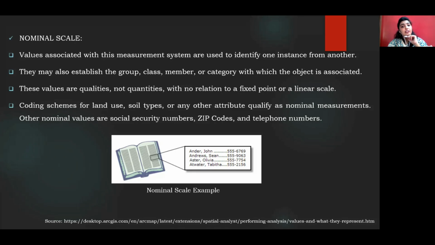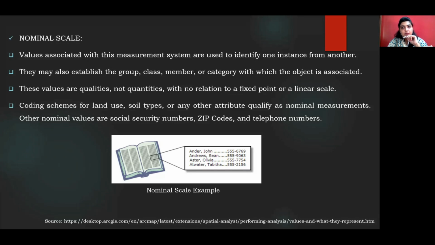Coding schemes for land use, say vegetation is green, heighted areas is brown, communication lines is black, roads are red, water bodies are blue. All these coding systems of the land uses are an example of nominal scale.